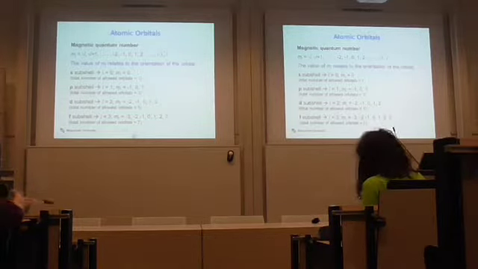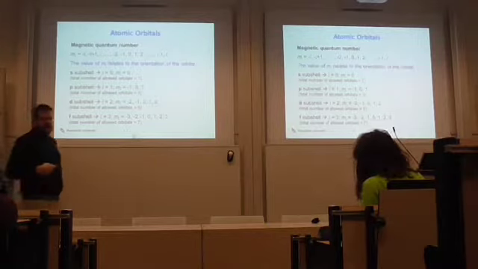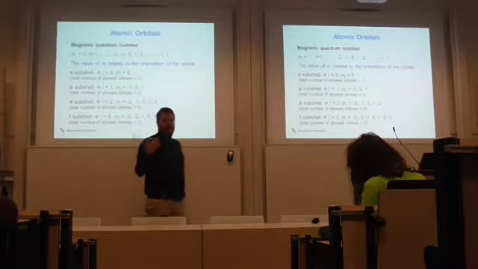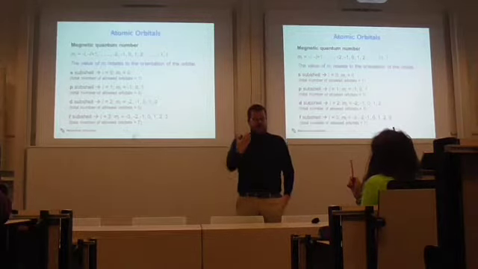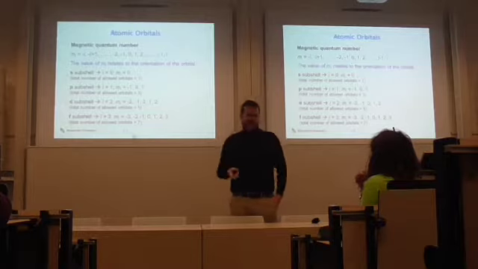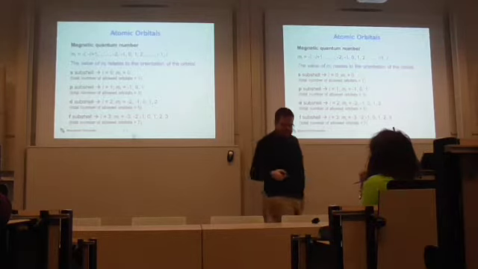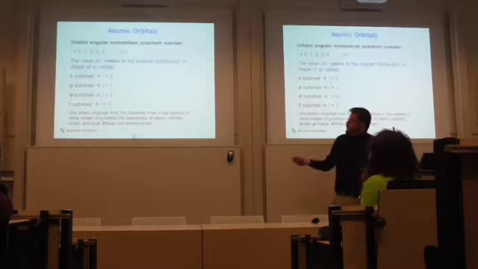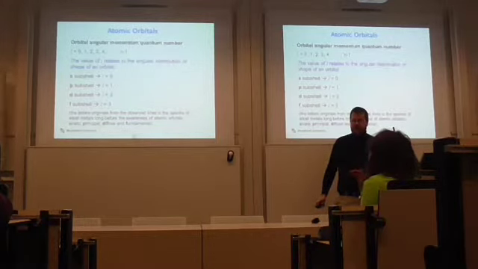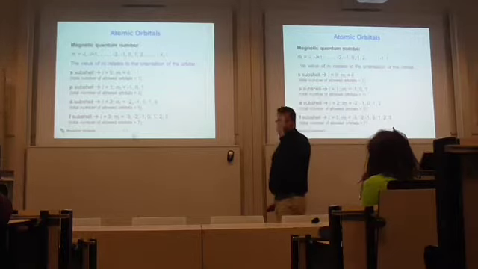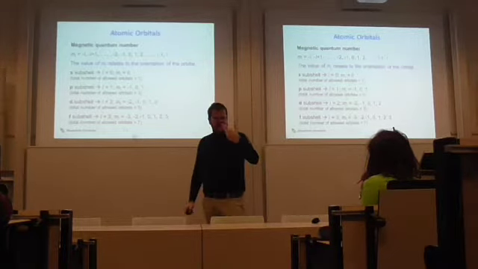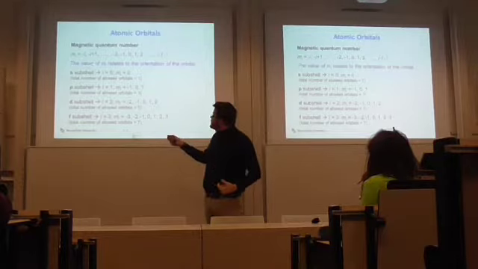For example, if L equals 0, what ML values can I have? Only 0. That means there's only one orientation of an S subshell in space. But if L equals 1, what ML values would I have? Minus 1, 0, and 1. So there's 3, meaning there are 3 p orbitals. That's why we have 3 p orbitals, because of this quantum number.